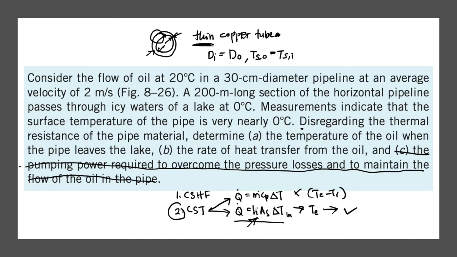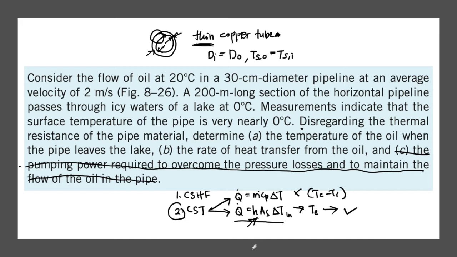Therefore, to find h, we have to test the Reynolds number. Either it is in laminar flow, developing laminar flow in the entrance region, or it is under turbulent flow. If it's developing laminar flow in the entrance region, then you have to use the proper equation to find the Nusselt number.